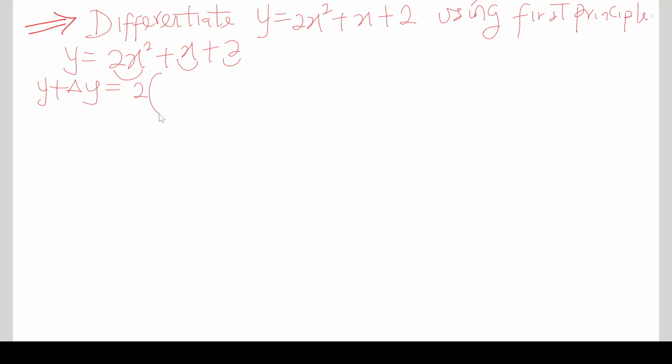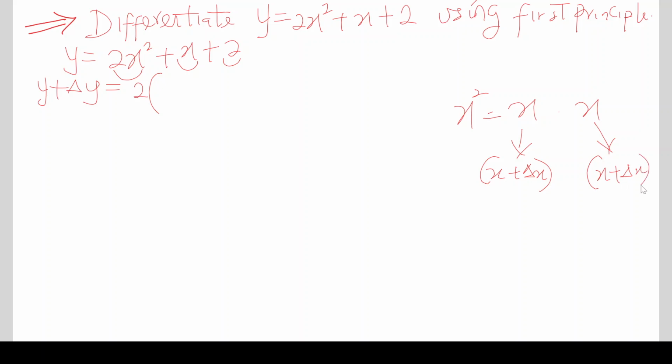You know how to get the change in x squared, because x squared represents x multiplied by another x. The first x becomes x plus delta x, and the second x also becomes x plus delta x.